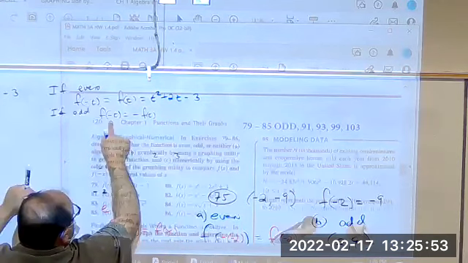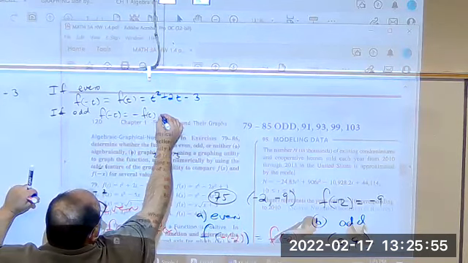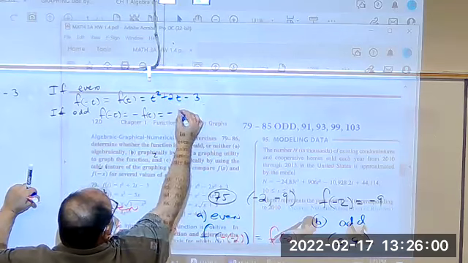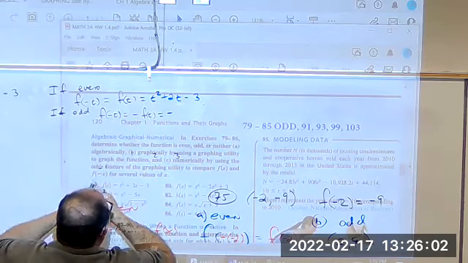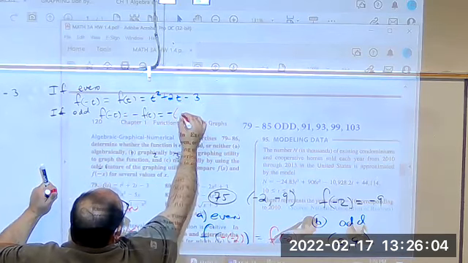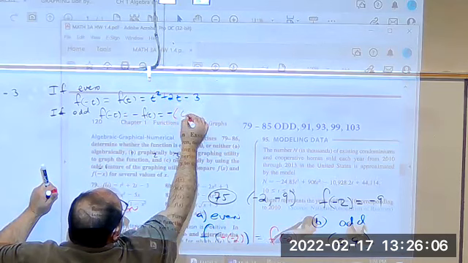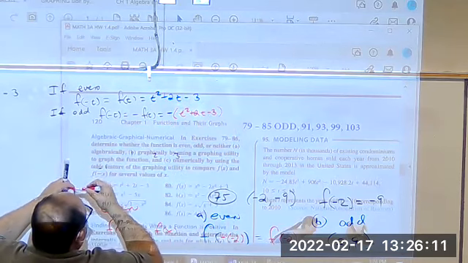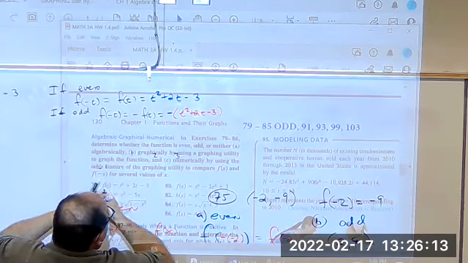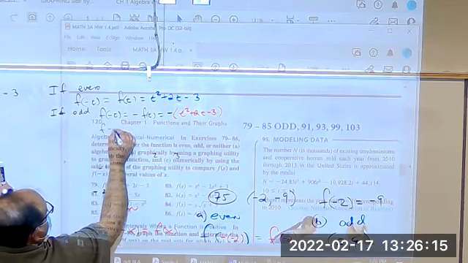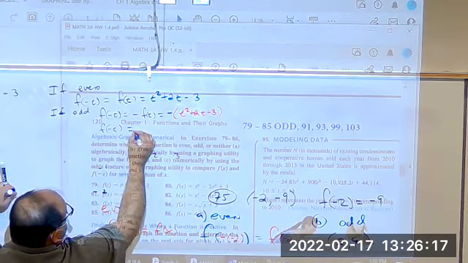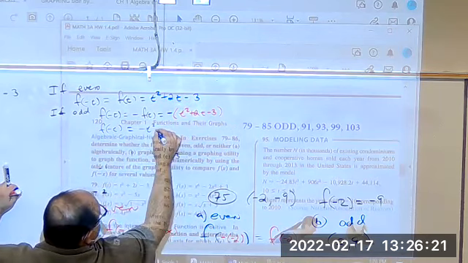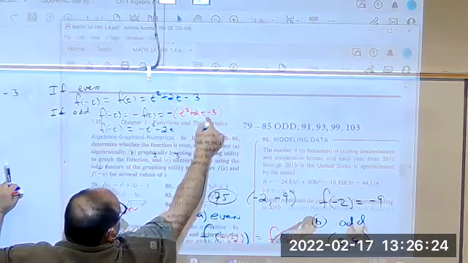And when you plug in negative t, if it's odd, you would get the opposite of this. So you would get negative, parentheses, opposite of that whole thing, t squared plus 2t minus 3. And if you distribute the negative, your f of negative t, if it's odd, would come out equal to negative t squared minus 2t plus 3.